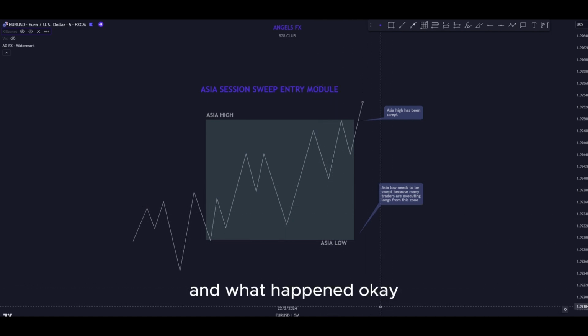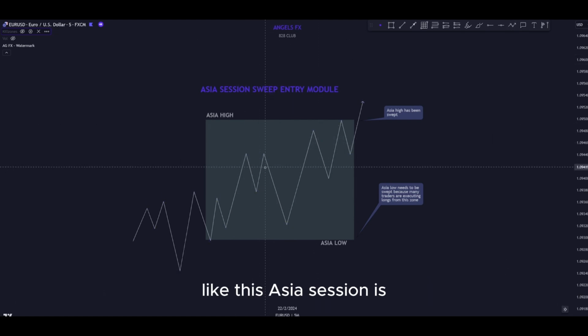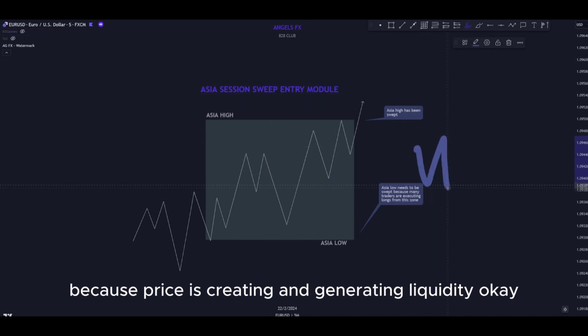Usually this Asia session is also known as consolidation and sideways movement. Why? Because price is creating and generating liquidity.